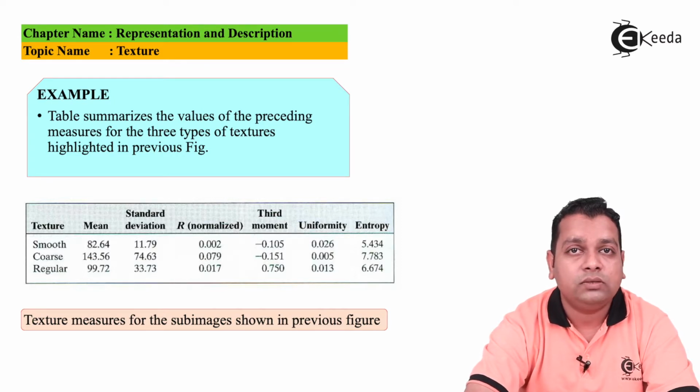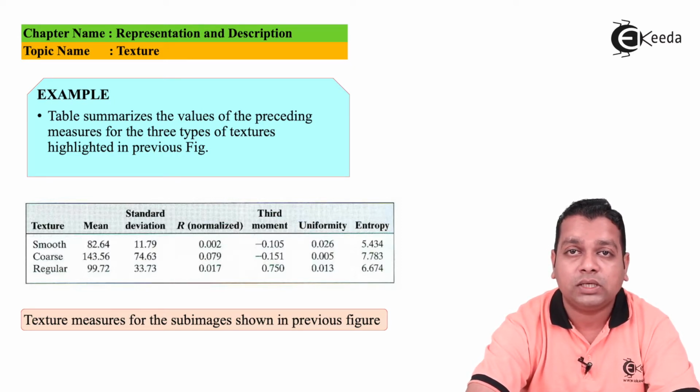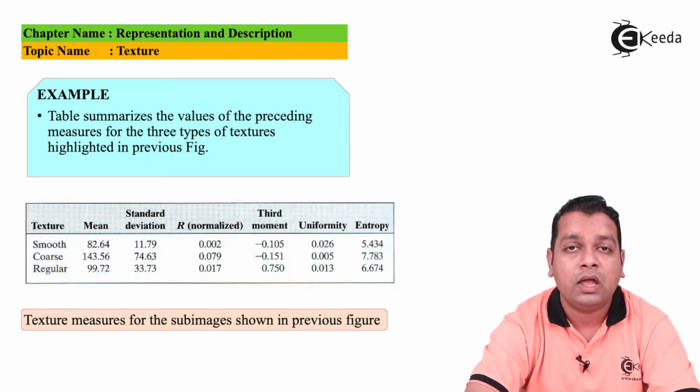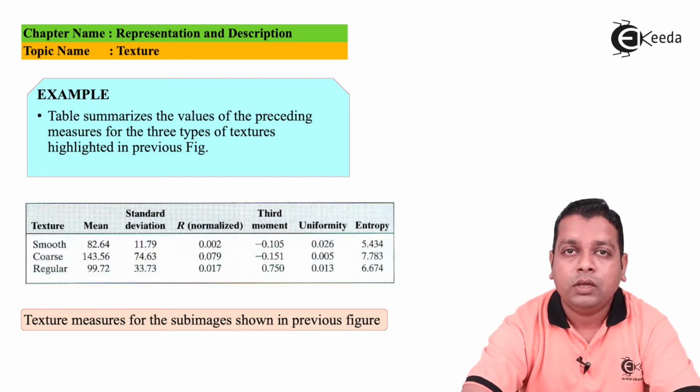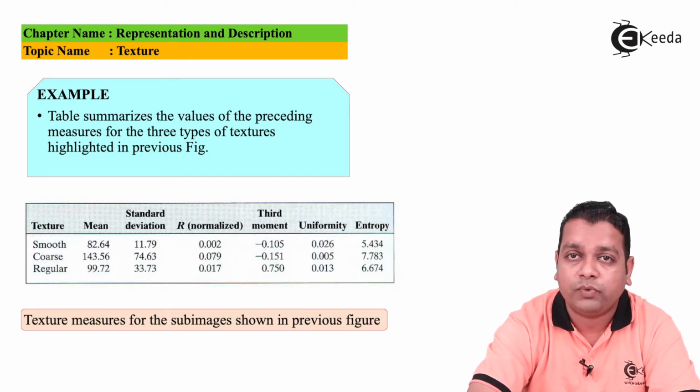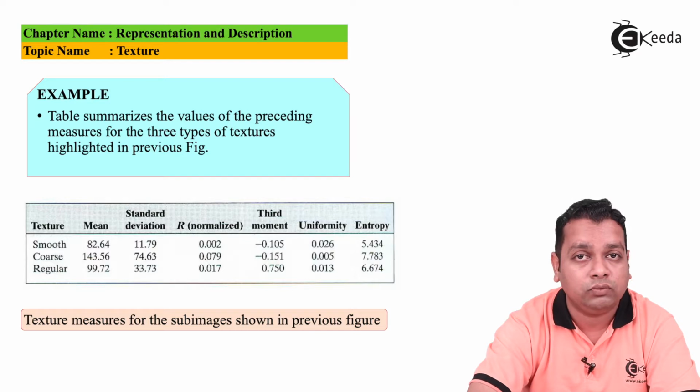The standard deviation is calculated as 11.79, 74.63 and 33.73 respectively. The measurement of capital R computed for the normalized case gives 0.002, 0.079, 0.017. The third moment has the values minus 0.105, minus 0.151 and positive 0.750 for the regular case.